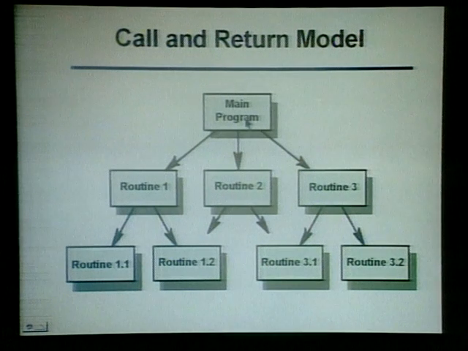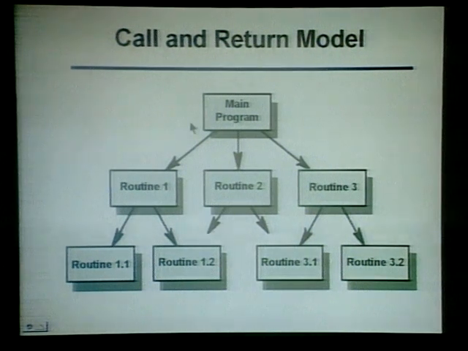Dear students, the last architecture model we would like to mention is the call and return model. A general call and return model is shown in this diagram. We have a main program and a number of routines or functions organized in a tree-like structure.